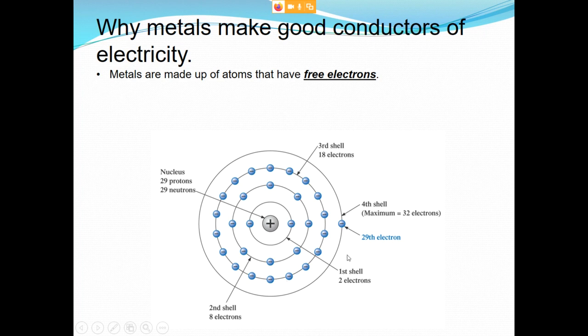So it would actually be happier in a way if it got rid of that electron. If we knock this electron off of here, then the atom says, hey, I've only got 3 bands, but they're all full, and that's good. We would actually have a positive charge now because we're missing 1 electron: we've got 29 protons but only 28 electrons, so we have an overall positive charge of 1.